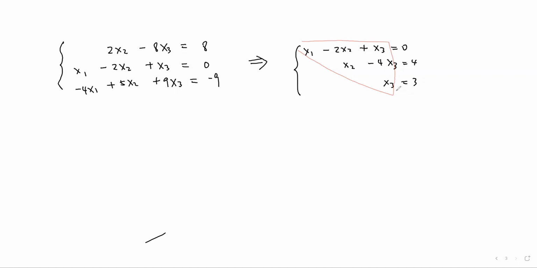Say plug in x3. This variable, the value is free. Plug in x3 in the first two equations, and then from the second equation, we can get x2. Then plug in x2 in the first equation, then to get the solution.